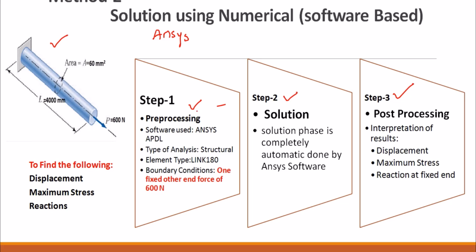The solution is automatically done by the software, so no need to think, you just run the command solve in the Ansys software, and the software will solve the stiffness matrix for this problem, global stiffness and everything, and finally result in the solution. Then the last step, once your solution is done, is post-processing, where we will find the displacement, maximum stress, and the reaction in this bar.